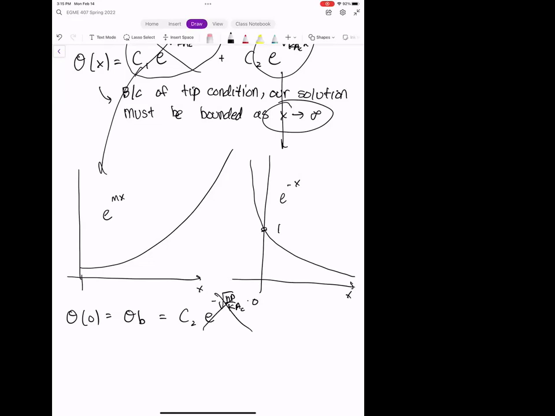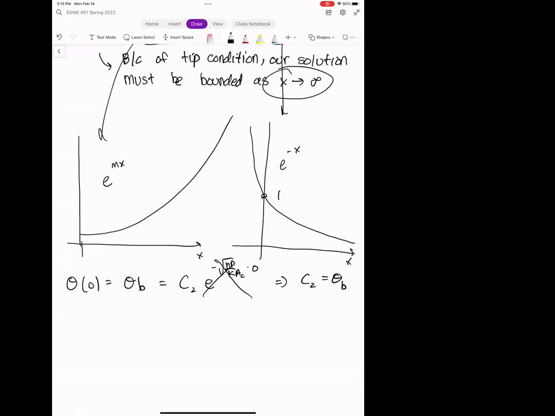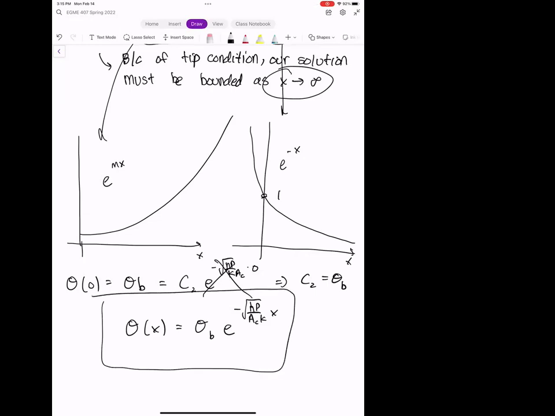And so this tells us that C2 is equal to theta b. And so we get our final solution for our fin temperature distribution: theta of x is going to be theta b times e to the minus square root of HP over KAC times x.